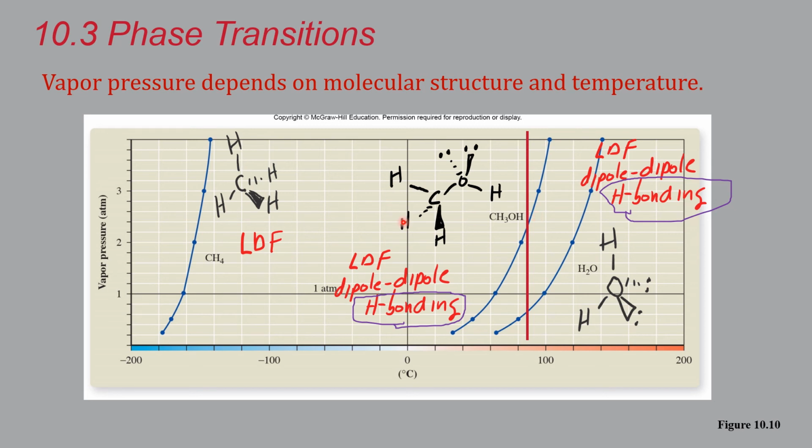So you've got 2 ways you can look at it. The vapor pressure at the same temperature, in which case higher pressure, weaker intermolecular forces. Or you can look at the temperature at which a particular pressure is achieved. The higher the temperature to get to that pressure, the stronger those intermolecular forces are.